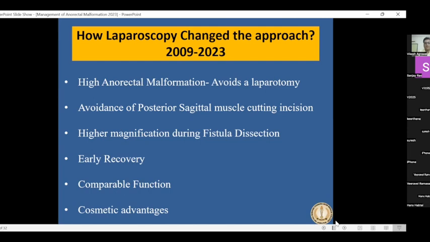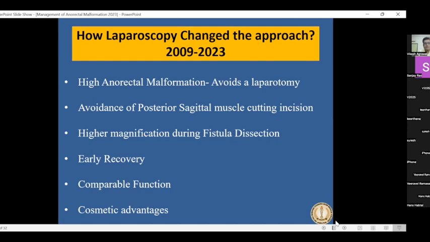High anorectal malformations especially are good cases for laparoscopic anorectoplasty, involving rectovesical fistula, rectobladder neck fistula, or a rectoprostatic fistula.